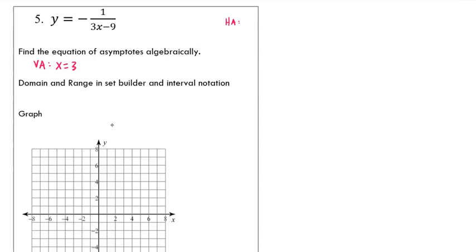So that's going to give me 3x minus 9 times y equals negative 1. 3xy minus 9y equals negative 1. Oh, wait a second. We already know the horizontal asymptote. The horizontal asymptote is going to be y equals 0.